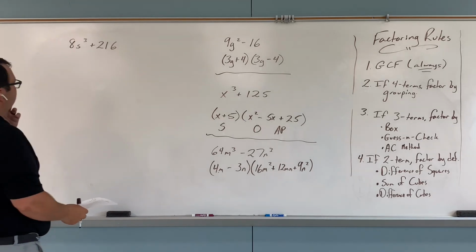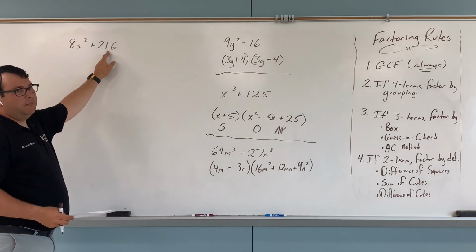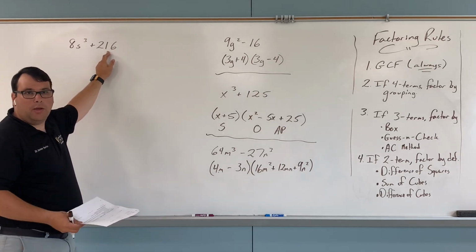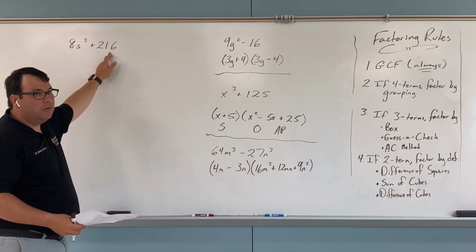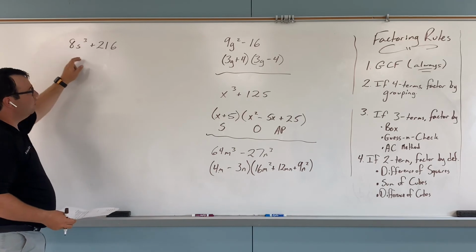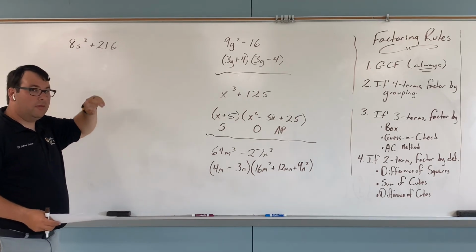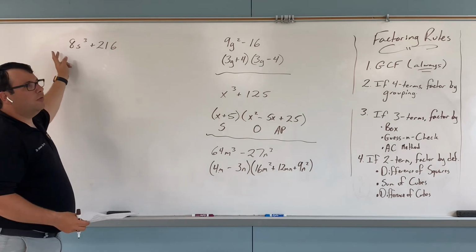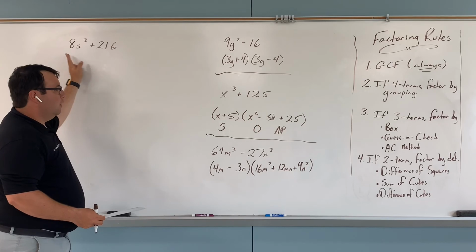If I put 2 in there, this becomes 4. This becomes, what, 108? They're still even. So what if I divide by another 2? That would be 2. That'd be 54. It's still even. What if I divided by another 2? That would be just s cubed. This would be 27.